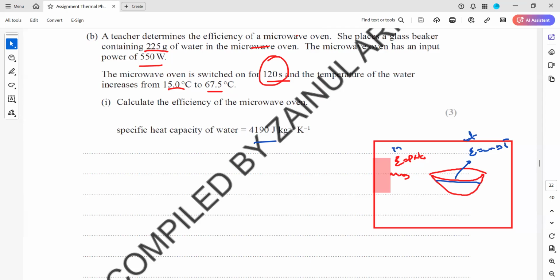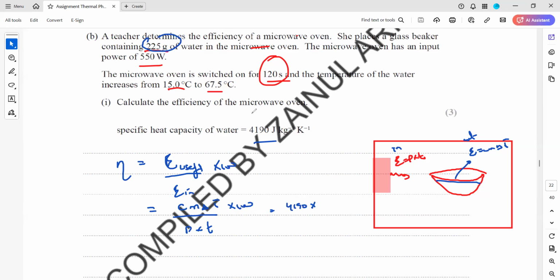If you need the efficiency, you can take it in terms of power, you can also take it in terms of energy. Efficiency is the useful energy output divided by total energy input times 100. So it will be c m delta T equals power times time, times 100. C is the specific heat, 4190.